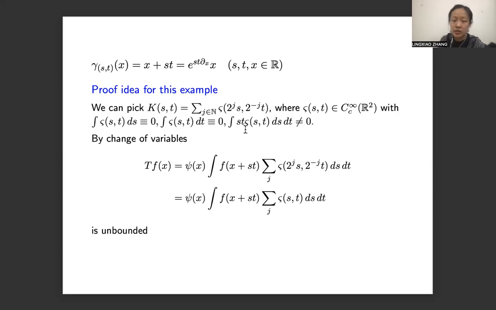And the condition that sigma integrated against st is non-zero guarantees that the single term is not a zero operator. So we have an infinite sum of the same non-zero operator. So it's unbounded, it blows up. So I have proved that for this case, x plus st is unbounded.